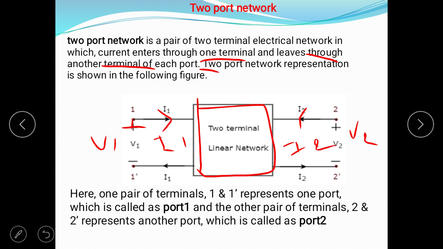So here one pair of terminals, that is 1 and 1 dash, represents one port which is called port 1, and the other pair of terminals, represented by 2 and 2 dash, is another port which is called port 2. So the complete network is called two-port network because there are two ports.